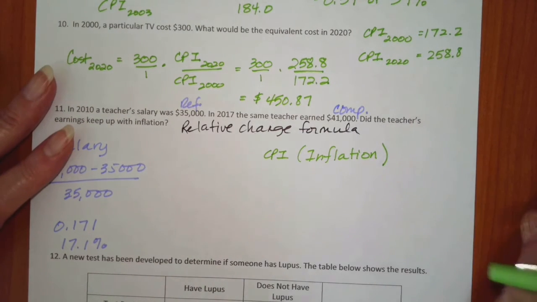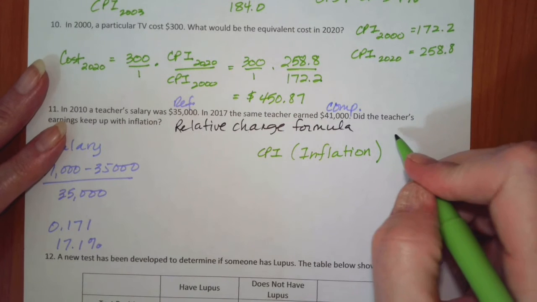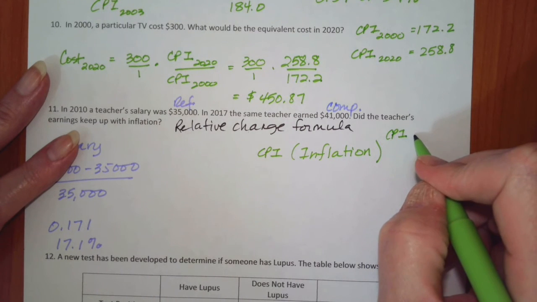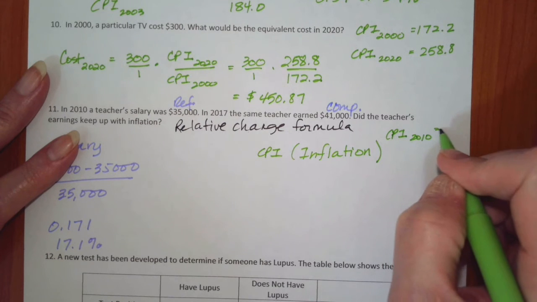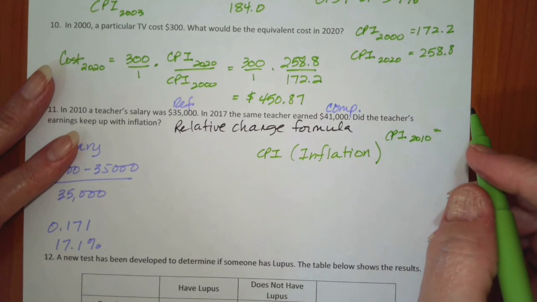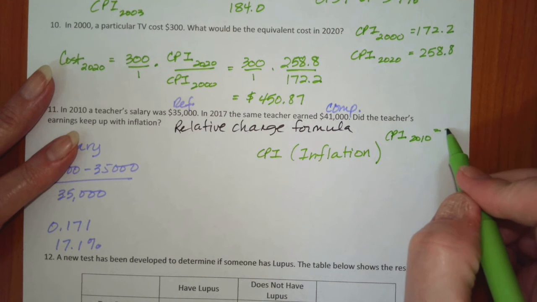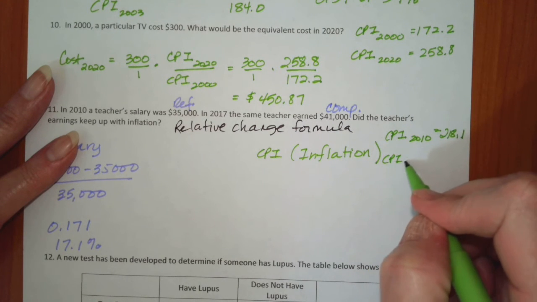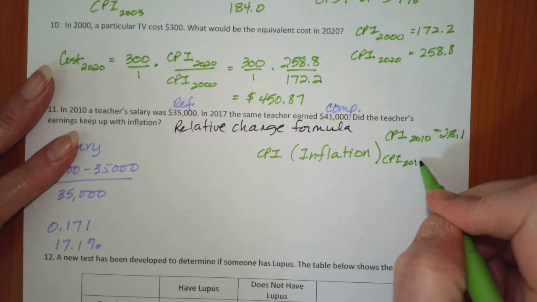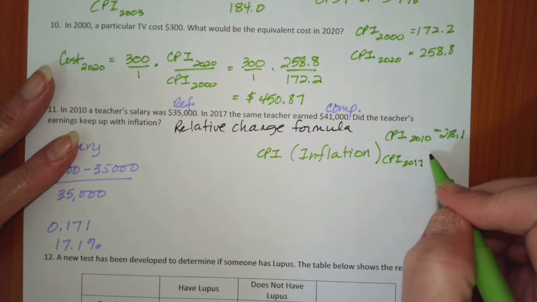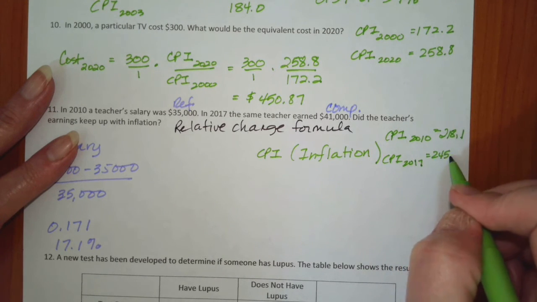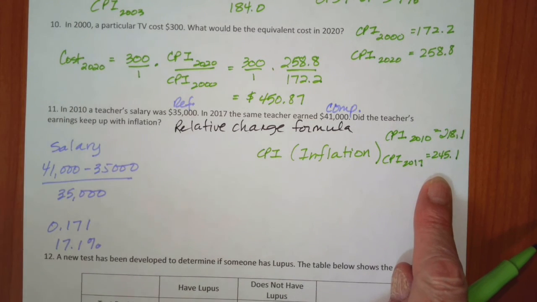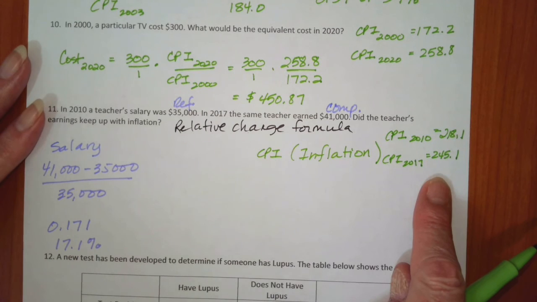Now, let's look at what inflation did. So the CPI in 2010 was 218.1. The CPI in 2017 is 245.1. We're going to use the same formula, only using CPIs.